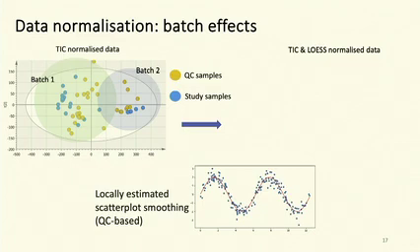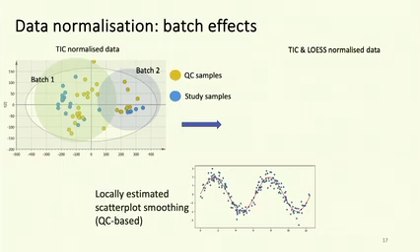Of course, there are all sorts of batch effects that can be caused by mass shifts, and those can be fixed by log mass correction or correction based on the internal masses. But there are also other environmental factors that you want to consider.